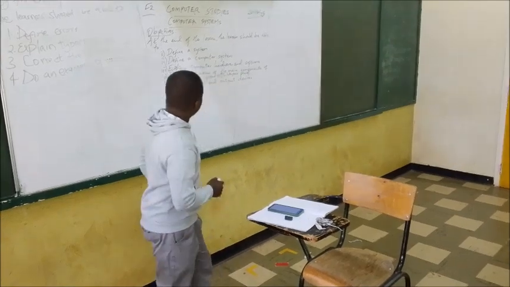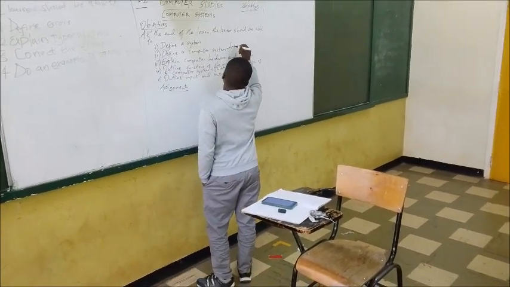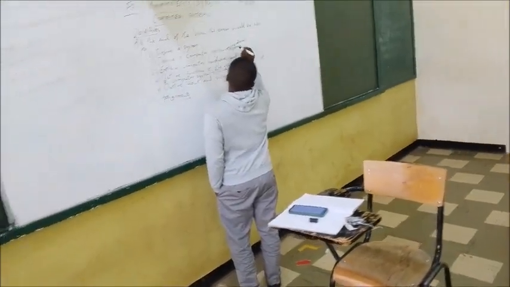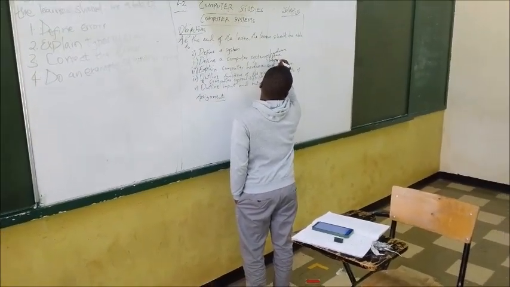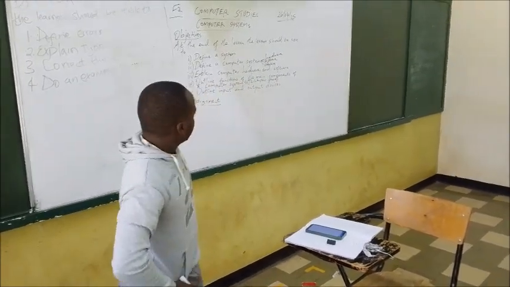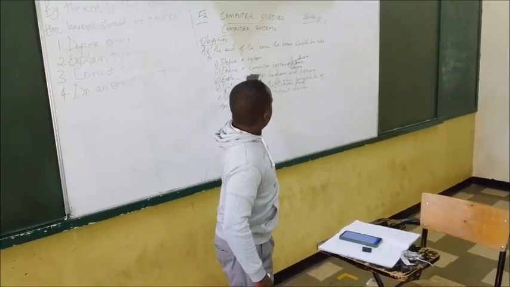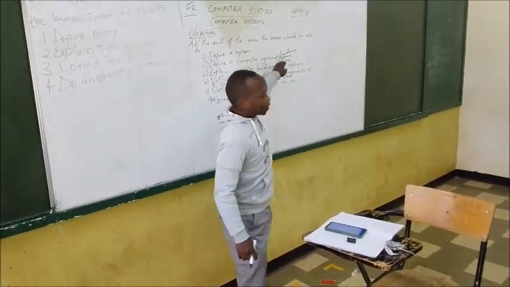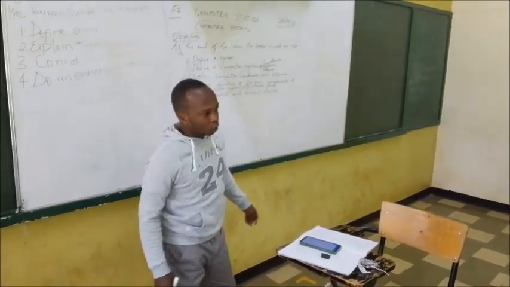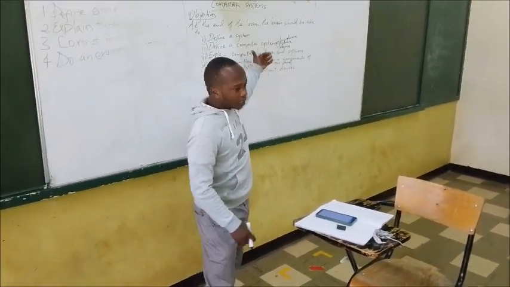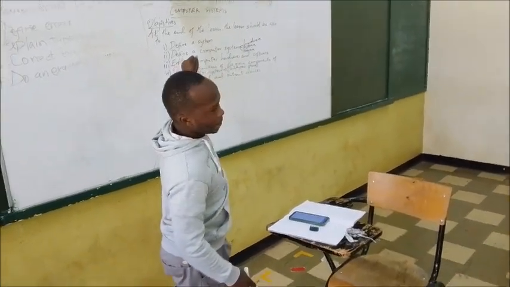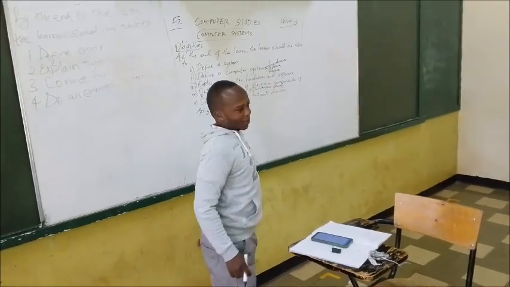So a computer system involves three components: hardware, software, and then we have the user, or we can refer to the user as what? Liveware. So these are the main components. A computer system basically involves these three components working together to achieve what a computer does, which is basically receiving input, processing it, and giving output.